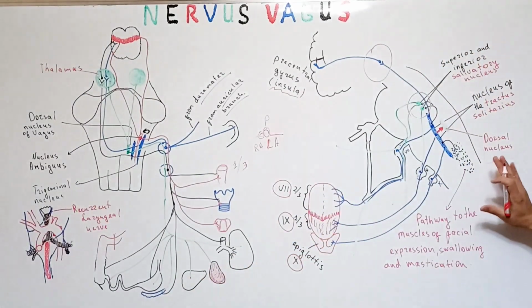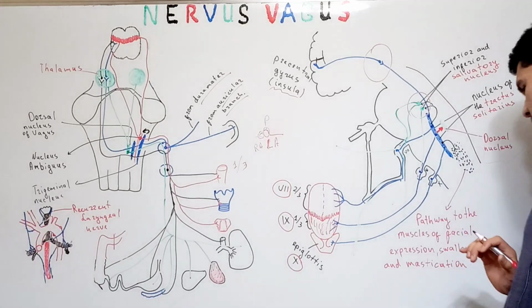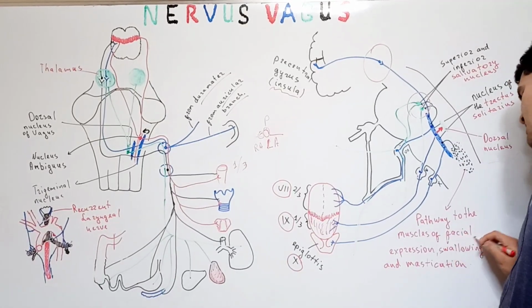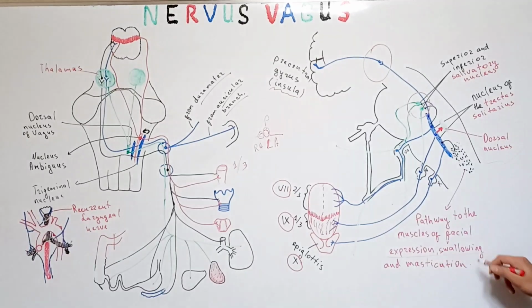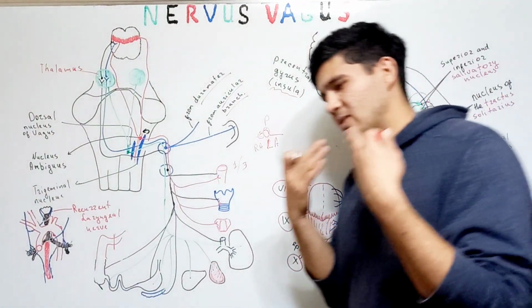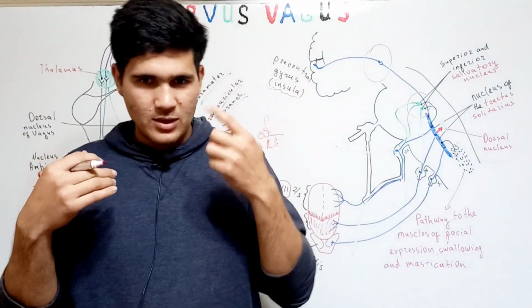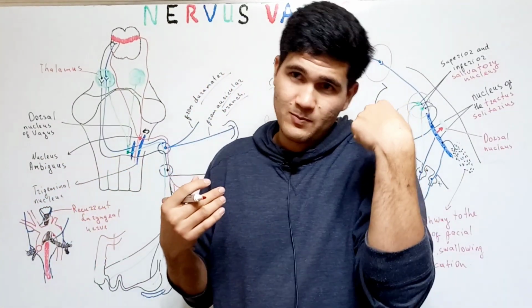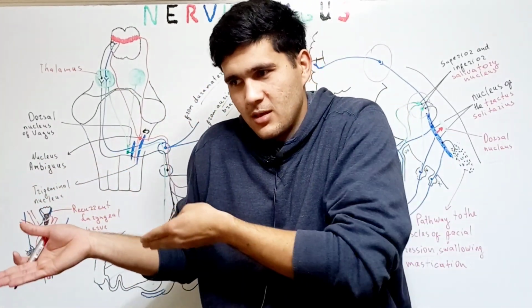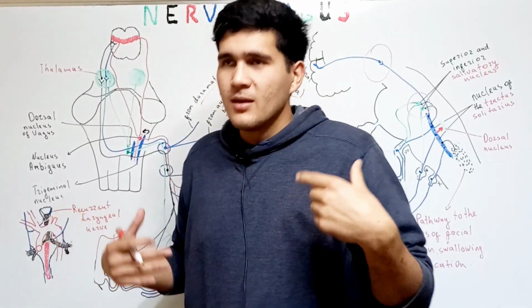Okay, the next connection is pathways to facial expression. According to some kind of taste, bad or good, you can express your facial expression. For example, for good tastes, you can smile and something like that.